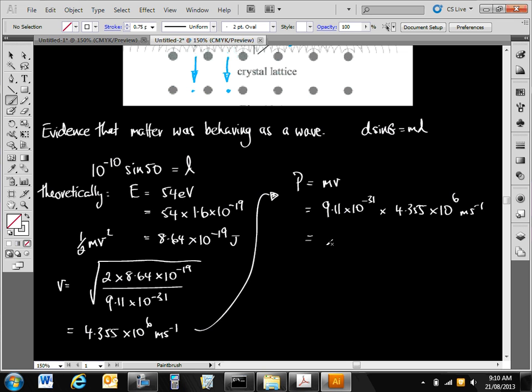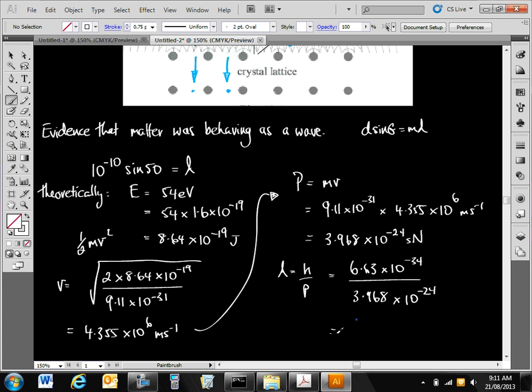That gives 3.968 by 10 to the power of minus 24 kilogram meters per second. The de Broglie wavelength is 6.63 by 10 to the minus 34, all over our momentum, 3.968 by 10 to the minus 24, which is 1.67 by 10 to the power of minus 10 meters.